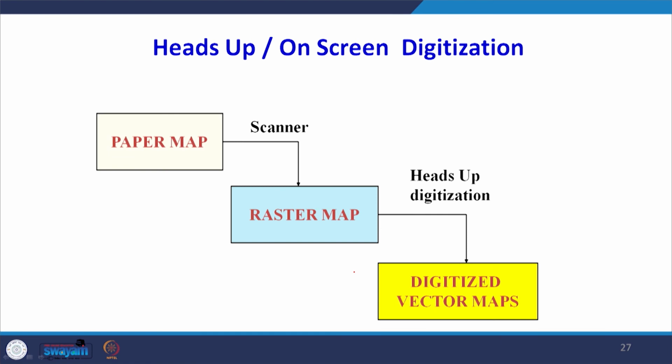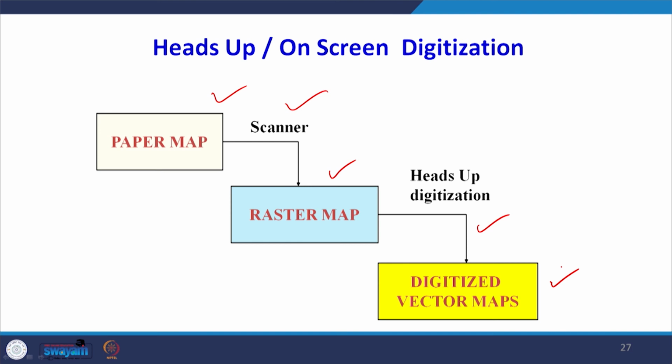But here, once we have created the raster map and we are displaying it on our computer screen, we are using the capability of the software to create the vectorization map. So these are the steps from paper map: you have used the scanner, you have created a raster map, and now it is heads up digitization to create the digitized vector. Again, human intervention is required, so this has to be done manually.